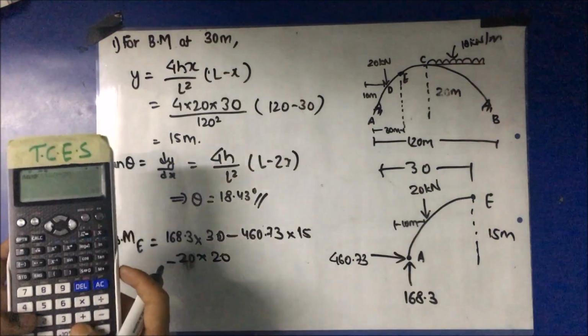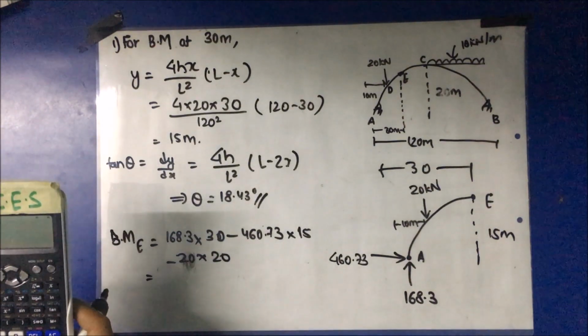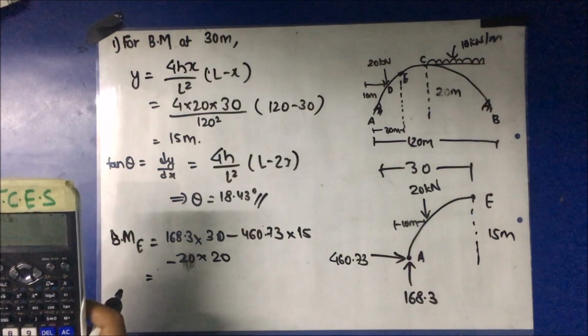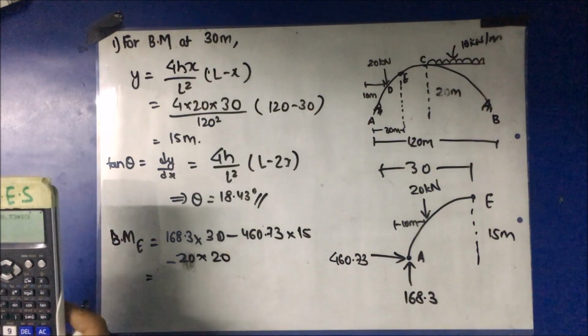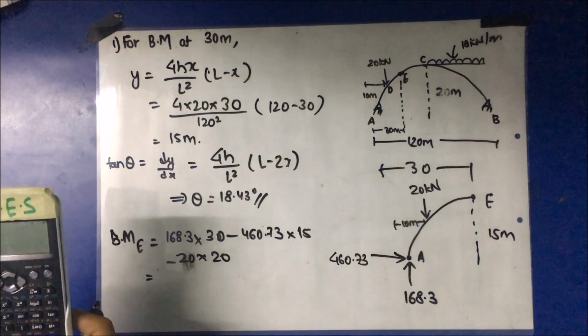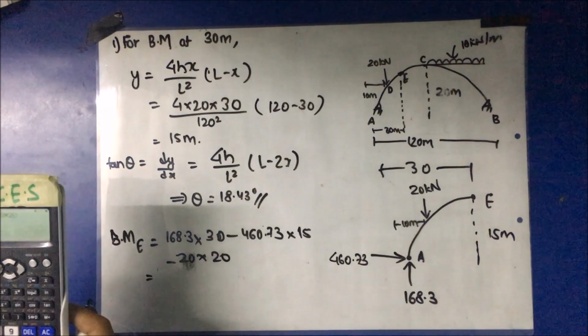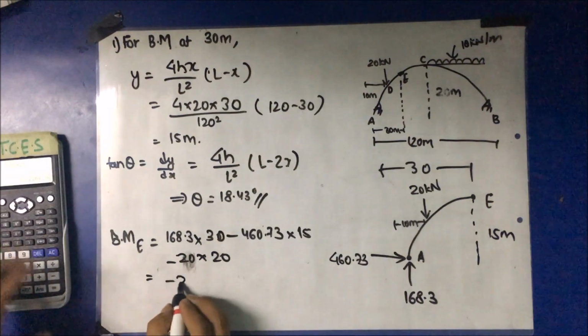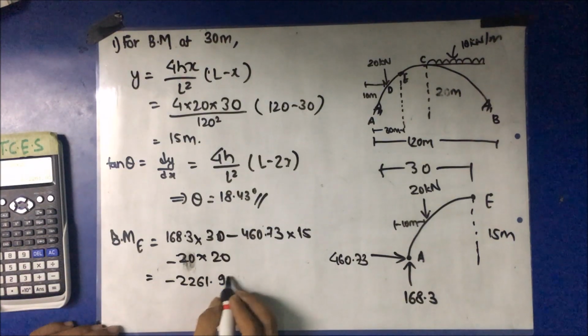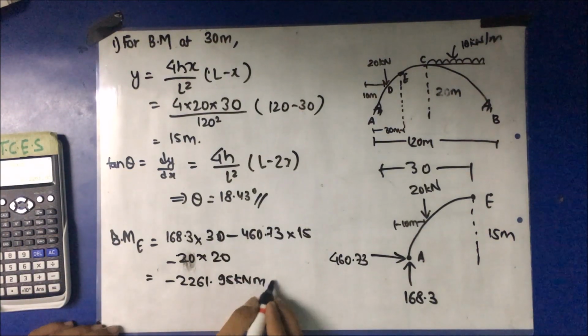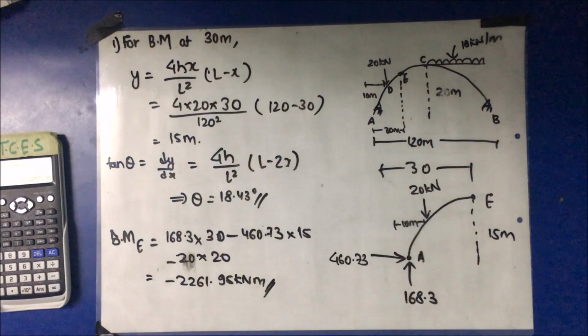So the moment here is minus 2261.95 kilonewton meter. So this is the moment at point E.